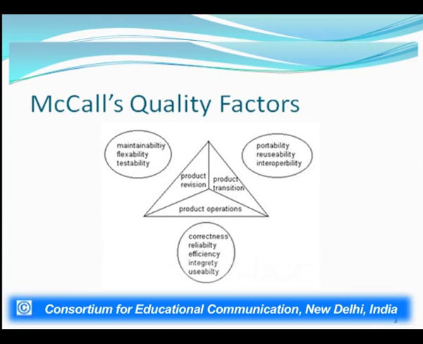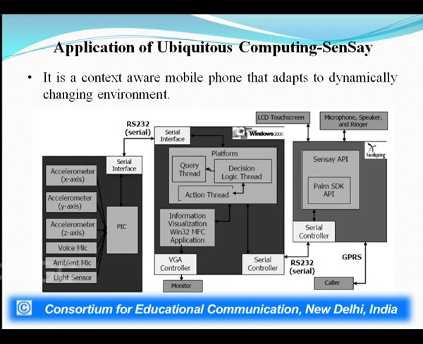Those should be found out, tracked, and quantified to find out the ubiquity of the system. Ubiquity means one perception of the ubiquitous model, which talks about the mobility, embeddedness, and invisibility of the system. So, there are many models which have been suggested for ubiquitous computation.